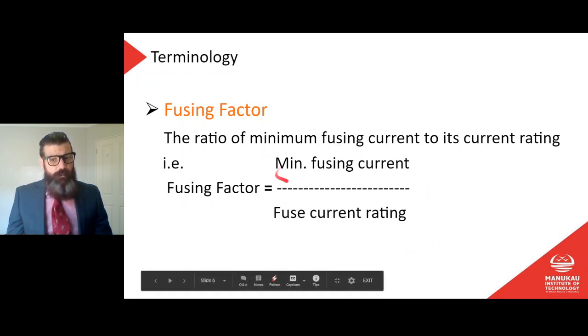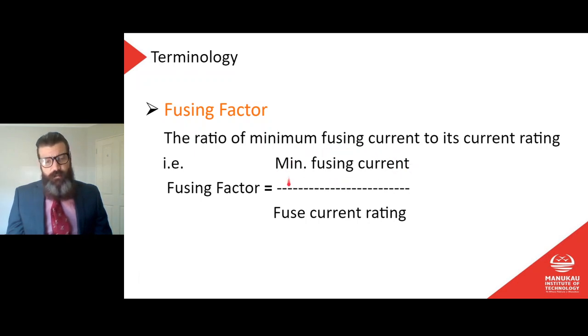Right, so if my minimum fusing current is, let's say, 20 amps, and the fuse current rating is 40 amps, then my fusing factor must be 0.5, 20 divided by 40. But if the minimum fusing current went up to 30, then 30 divided by 40, the fusing factor would be 0.75. So the fusing factor is proportional to the minimum fusing current.